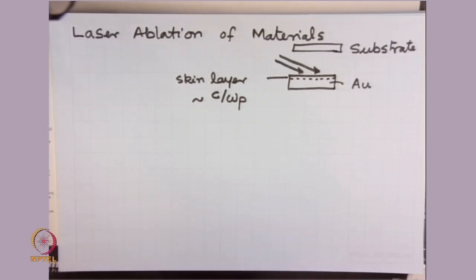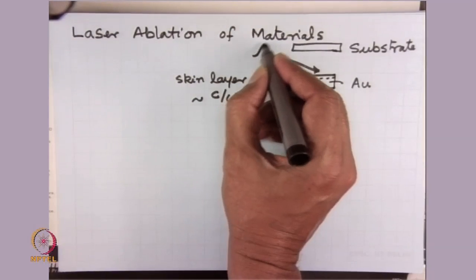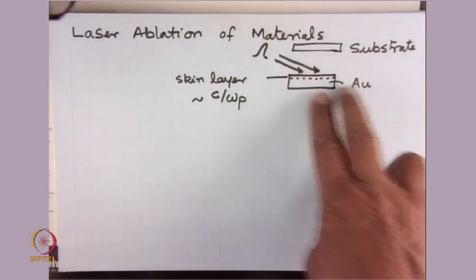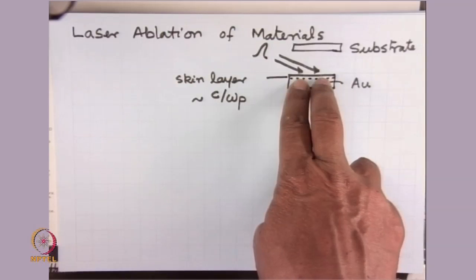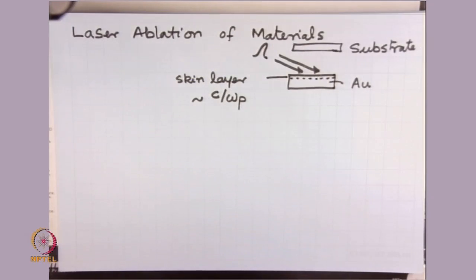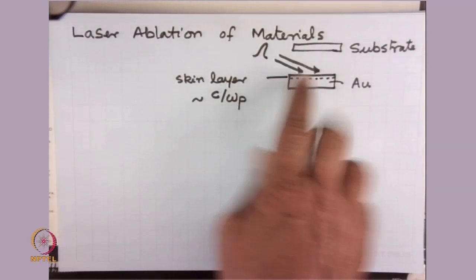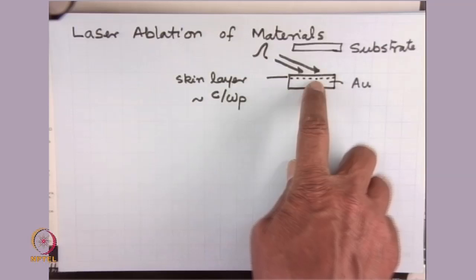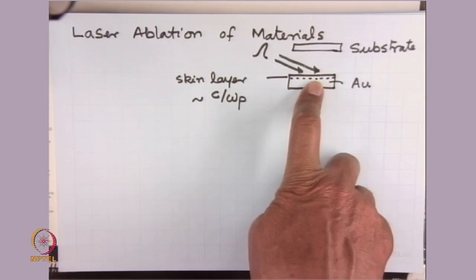But the advantage of the laser is that suppose I have sent a pulsed laser of 1 picosecond duration, what would it do? Quickly it will heat the skin layer, the material in the skin. The electrons are heated by the laser, and then they collide with the lattice and transfer their energy to the lattice atoms, and the lattice melts, evaporates.